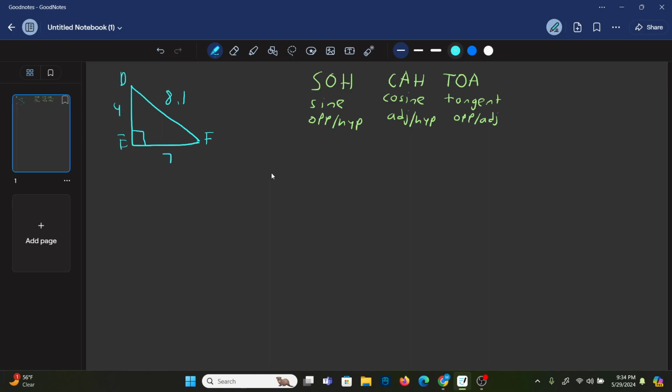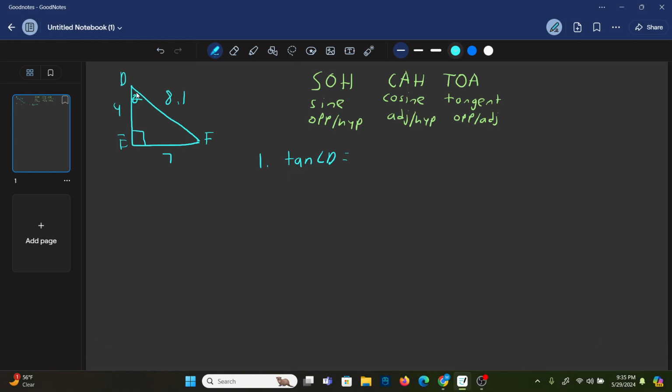So for question one, it asks, what is tan angle D? And tan is for tangent, so we know it's opposite over adjacent.